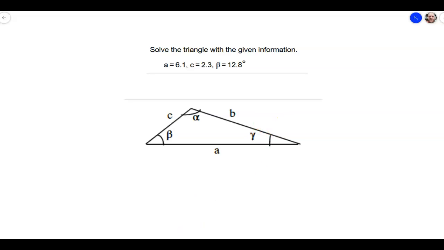But let's go ahead and get started here. Off to the side, I'm going to write A, B, C, and then alpha, I'll go ahead and use what they're using, and beta and gamma.